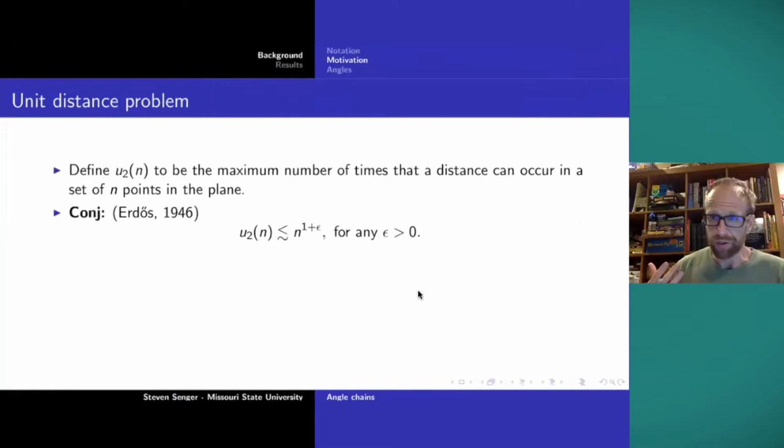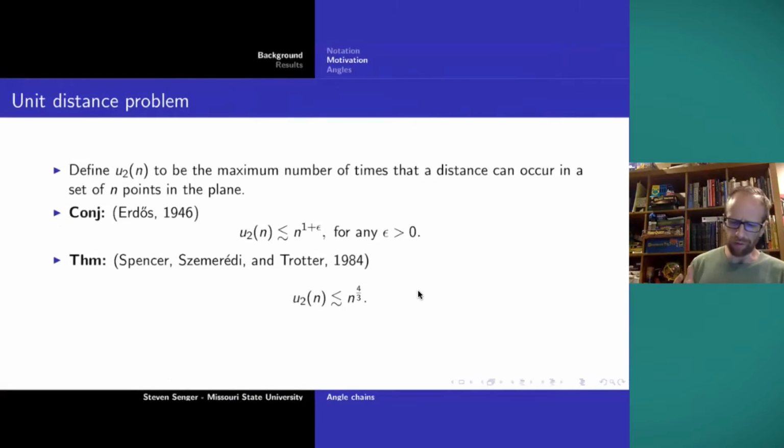Erdős conjectured, pretty famously, no more than n to the 1 plus epsilon for some very small epsilon. And yet we've been stuck since 1984 at n to the 4/3. So the best we know is that no distance can occur more than n to the 4/3 times.